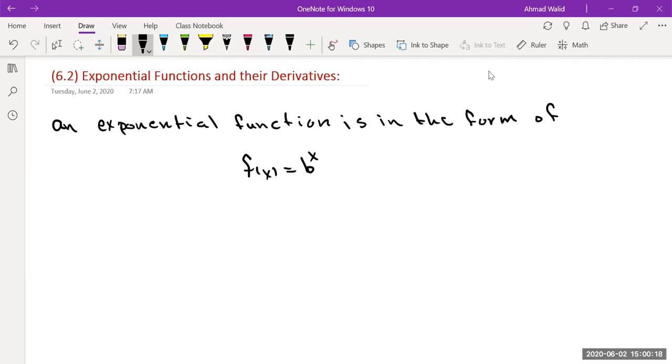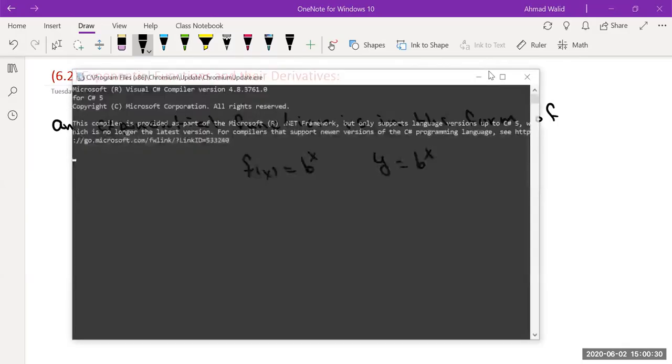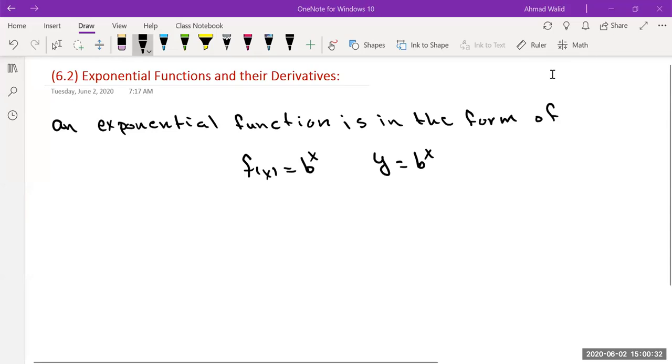Or sometimes maybe you see in the past y equals b to the power of x. Because we are talking about functions, we usually use the function notation, so we write f of x equals b to the power of x, correct?